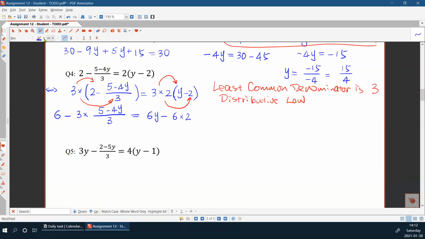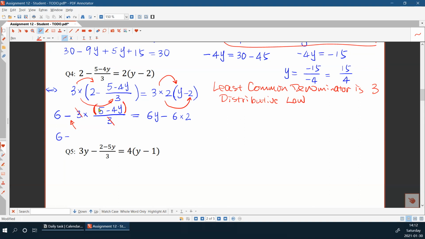Okay, next, of course, you can cancel a 3 here, but pay attention that there is a minus sign in front of this term, right? Okay, so when you have a minus sign in front of it, and when you expand it, everything after the minus sign here, okay, here actually you have implicit brackets, right?